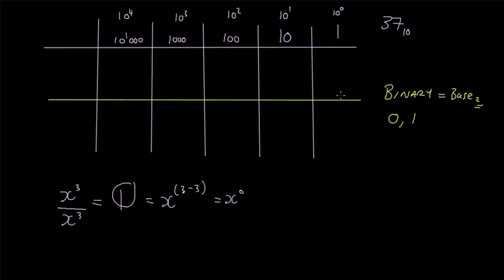So with binary, the first column is the base to the power 0. Anything to the 0 power is 1. Then the next column is worth the base to the power 1, which is 2. The next column is the base squared, which is 4. The next column is the base to the power 3, which is 2 times 2 times 2 is 8.